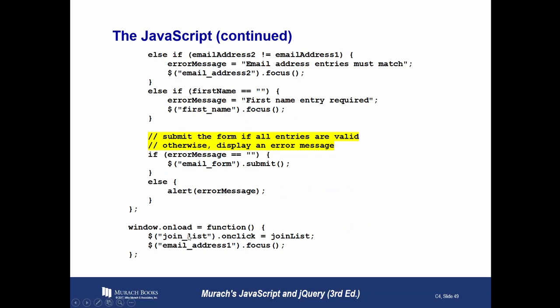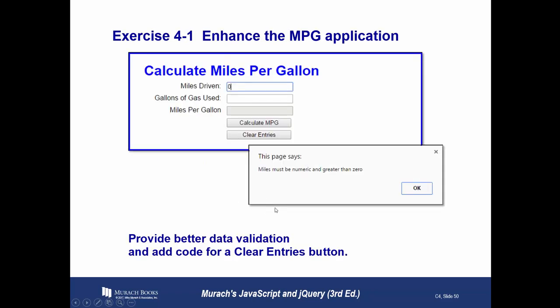And then when we get done, in the onload event we're associating clicking the join list button with running the joinList routine, and we're giving the focus to the email address. So here you can see what's going to happen if we put something invalid in here. As the author says on the bottom, this example provides better validation.